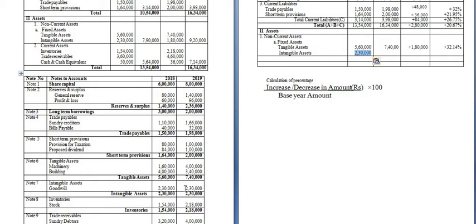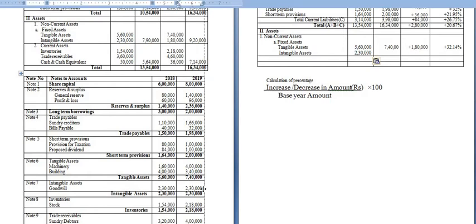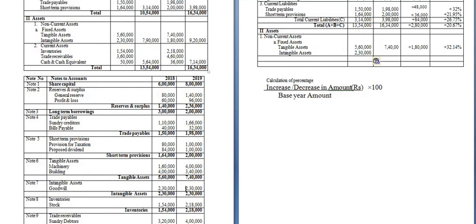And it is for 2018, and for 2019, it is 1,80,000.